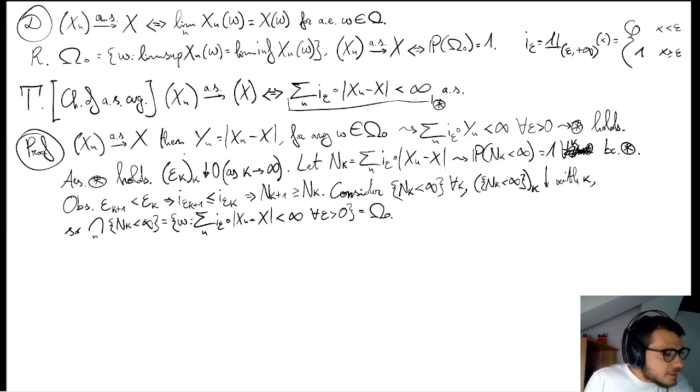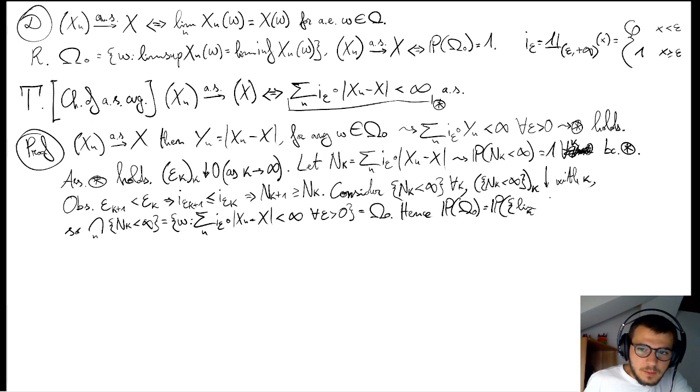In any case, the probability of Omega 0 is 1 because this is the probability of the event limit over k of N_k finite. Let me write it a bit better.